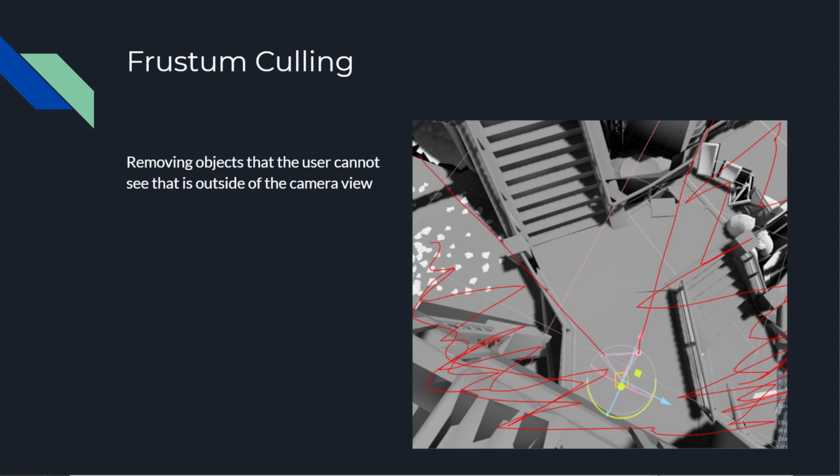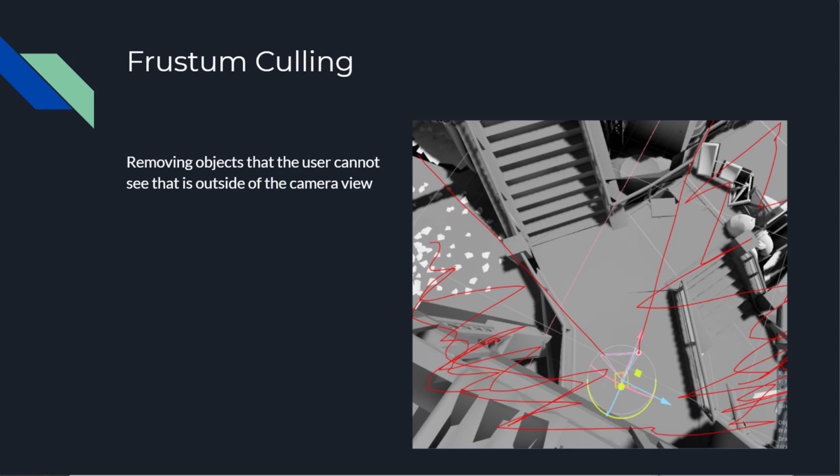If you take a look at this picture, the lines show where the camera can see, and this little squiggled out area is what the camera can't see and what gets culled. None of this stuff gets rendered, saving your system's resources.